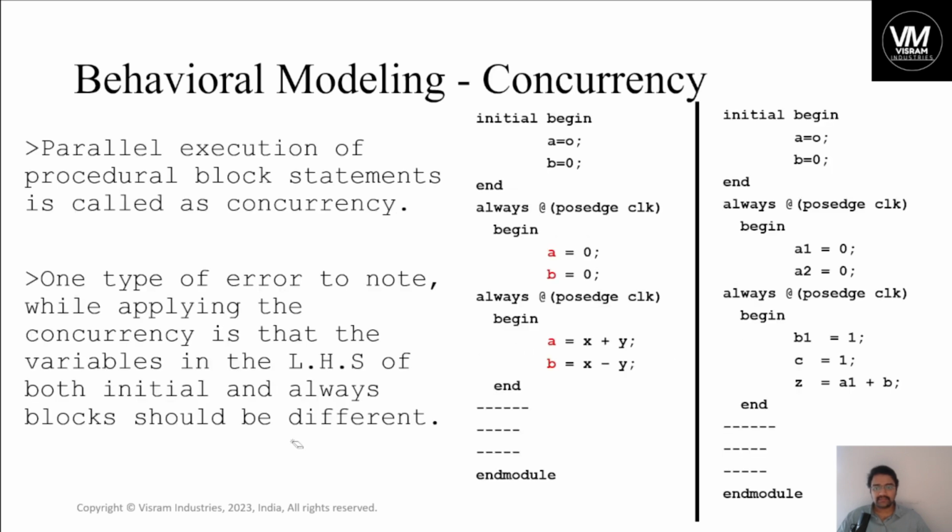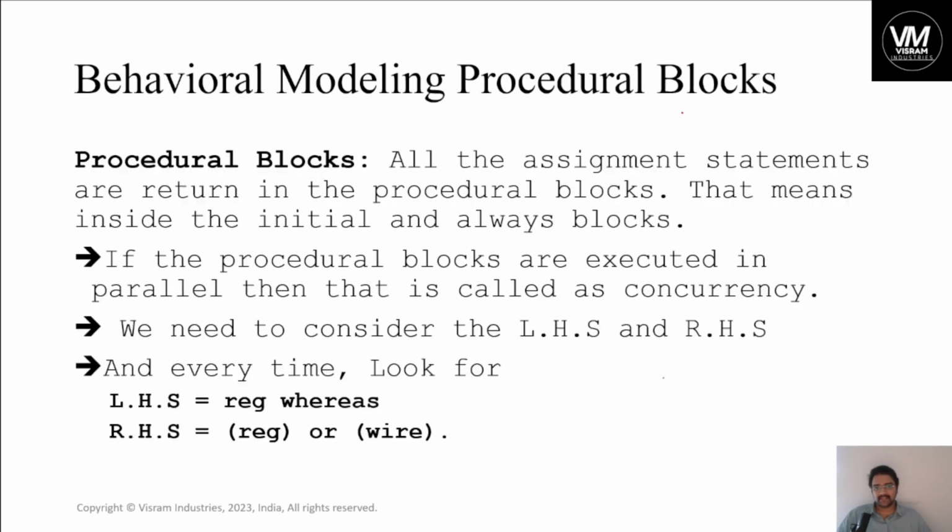Okay guys, coming to the next thing, we have spoken about concurrency, the parallel execution of procedural blocks. Simple explanation: what is concurrency? Parallel execution of procedural blocks. What are procedural blocks? Those are nothing but initial blocks and always blocks. For example, you have a page of Verilog HDL code.